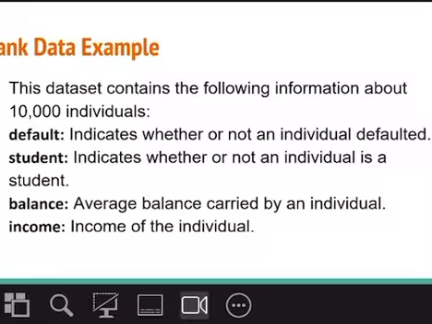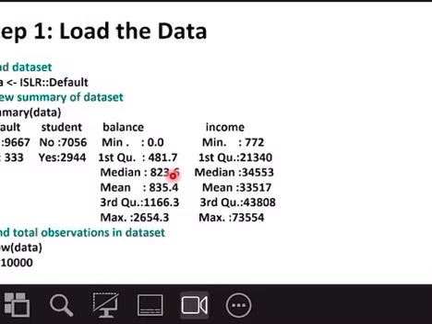They have information about some people who have borrowed money from the bank before, some defaulted, some did not. Does that make sense? They have information on whether the person is a student or not, the balance on the account, and the income of the individual.